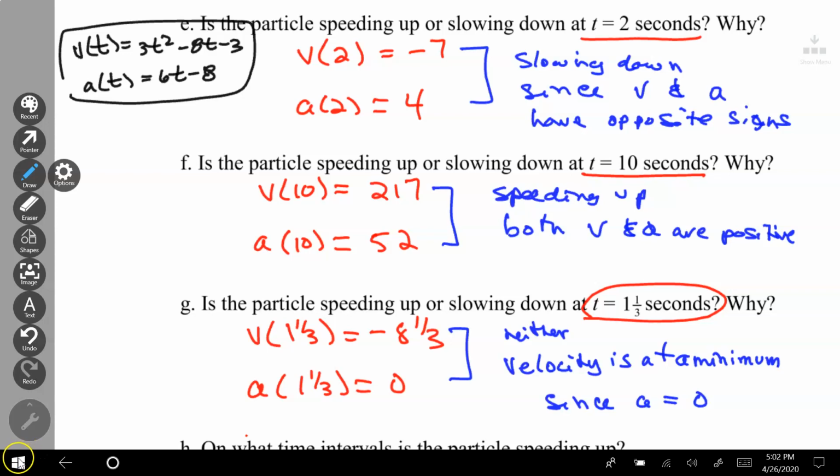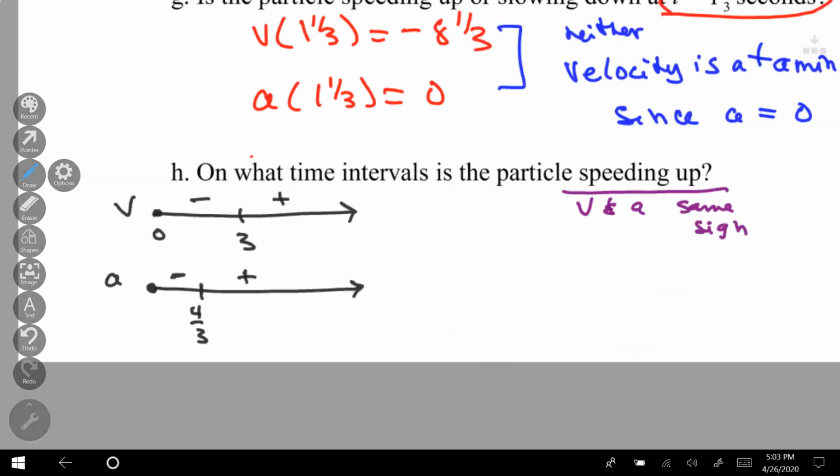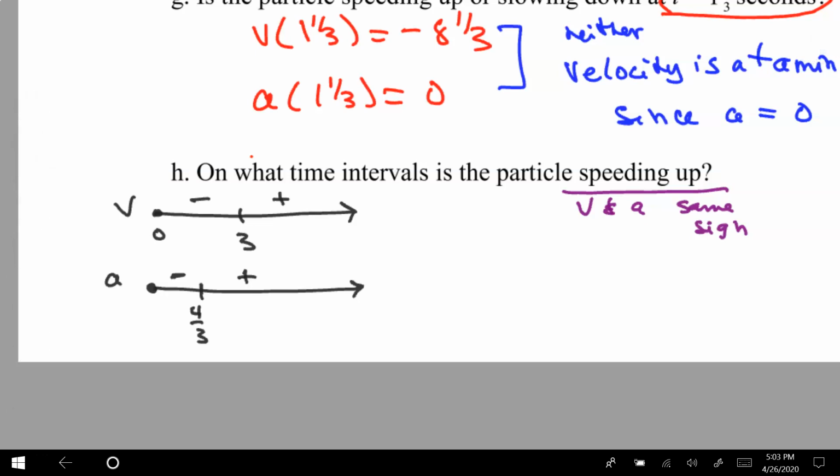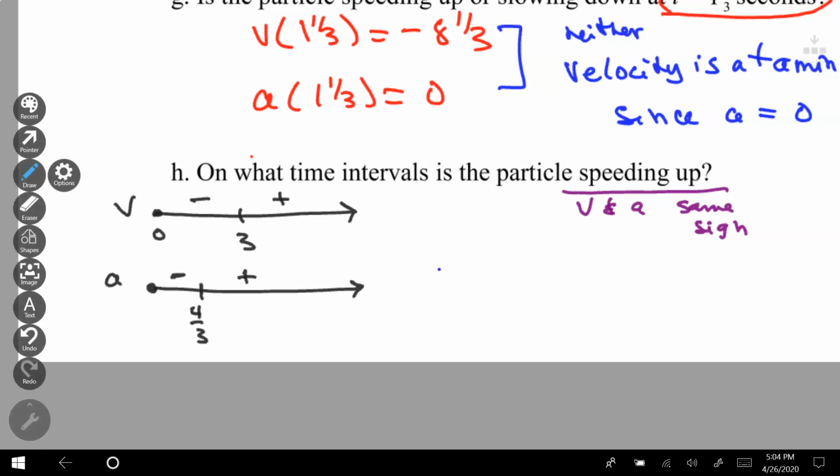And finally, on what intervals is the particle speeding up? That means velocity and acceleration have to have the same sign. So if you look on here, we're solving for time.